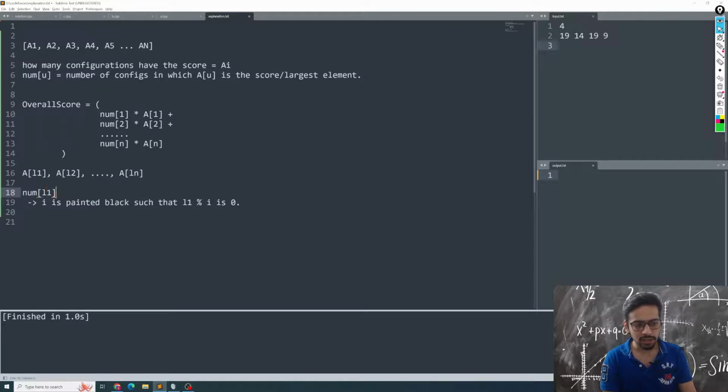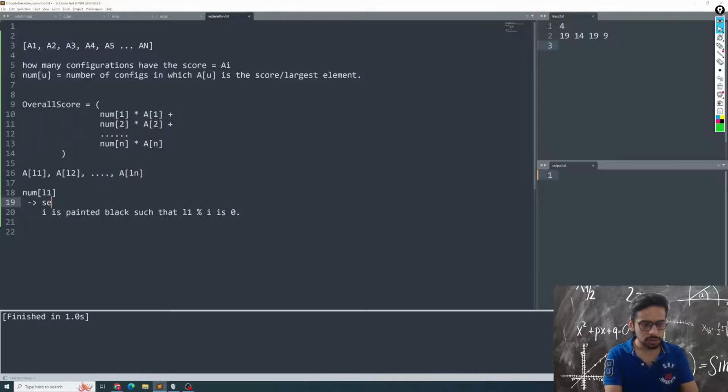And num of L1 is if you are selecting any index I such that I is painted and L1 mod I is 0. Now, how many such indexes can be there? That's easy.